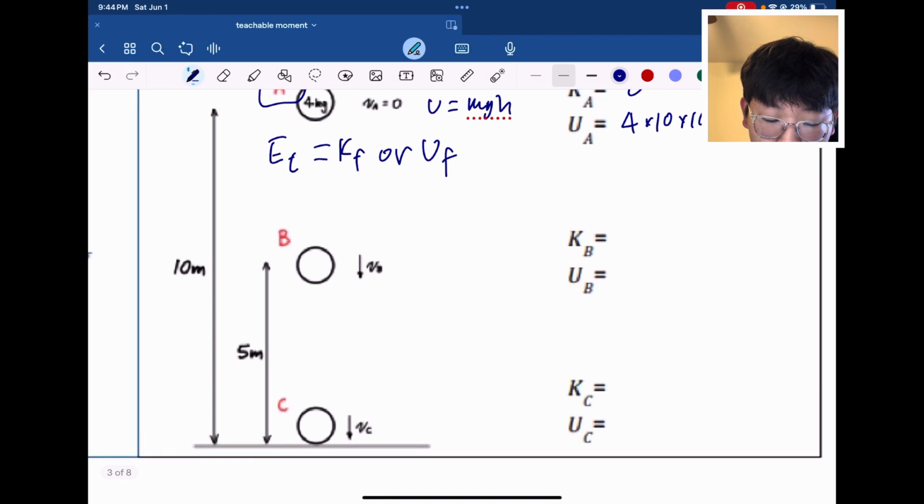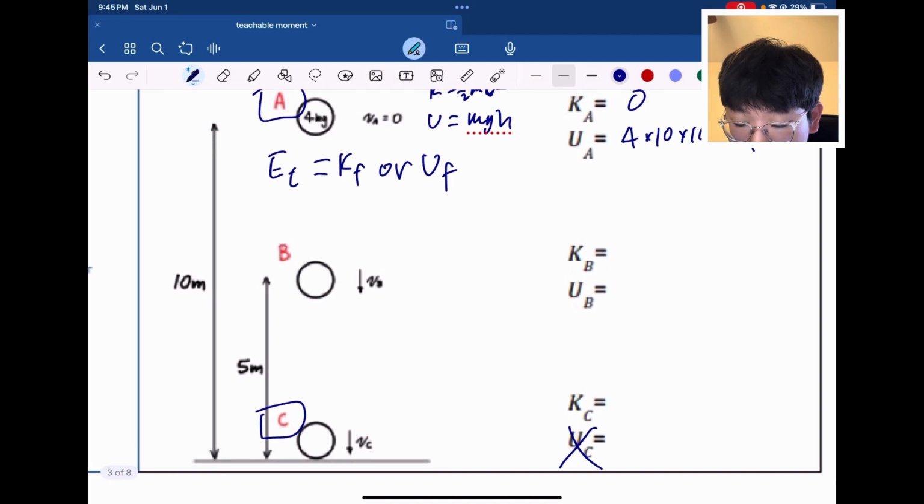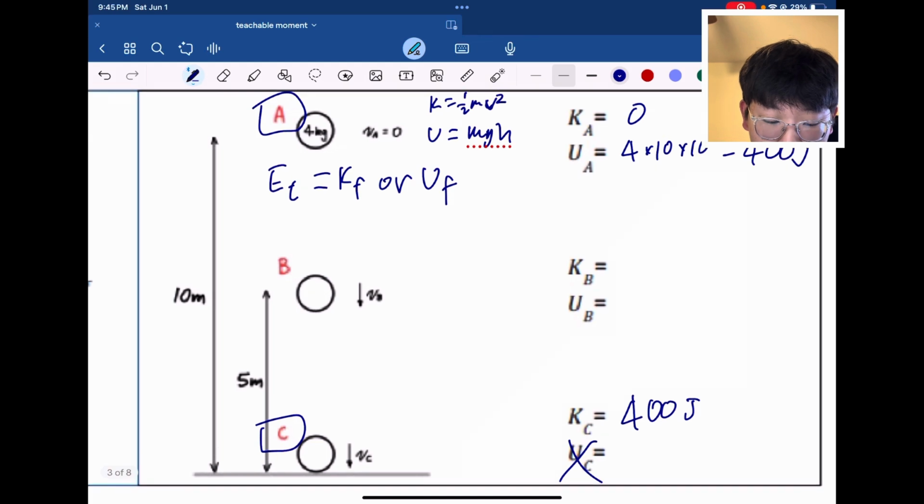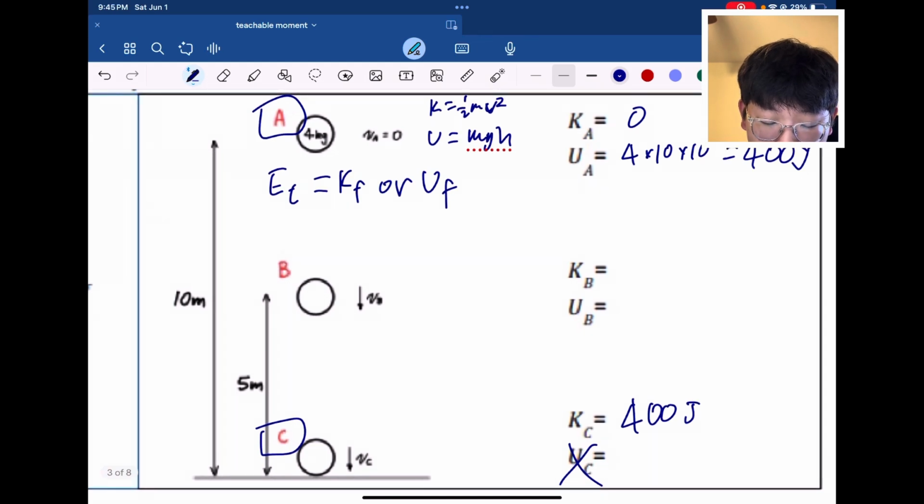Then we know in situation C, where there's no potential energy, the kinetic energy is going to be 400 joules. In the situation where the height is 5 meters, which is in the middle, kinetic energy and potential energy are going to be equal.